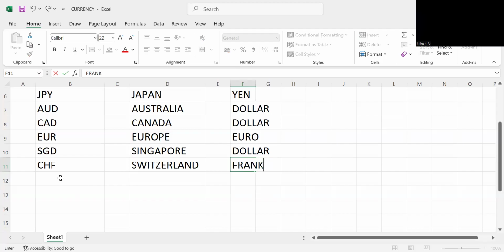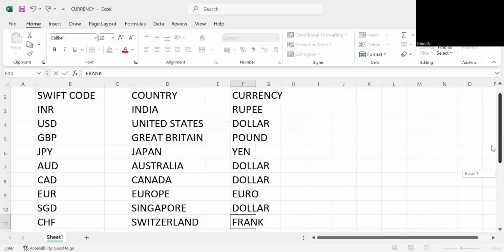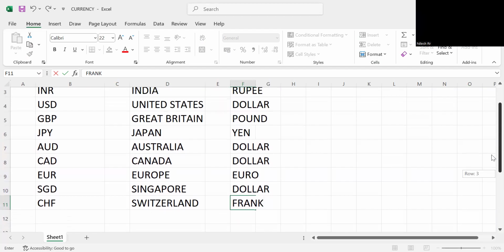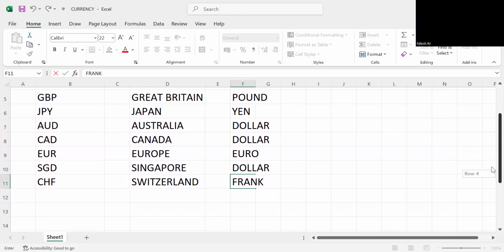Then we have many more others, but every country will have its own Swift code and its own currency. So here, a few of them which are in regular requirement I mentioned.